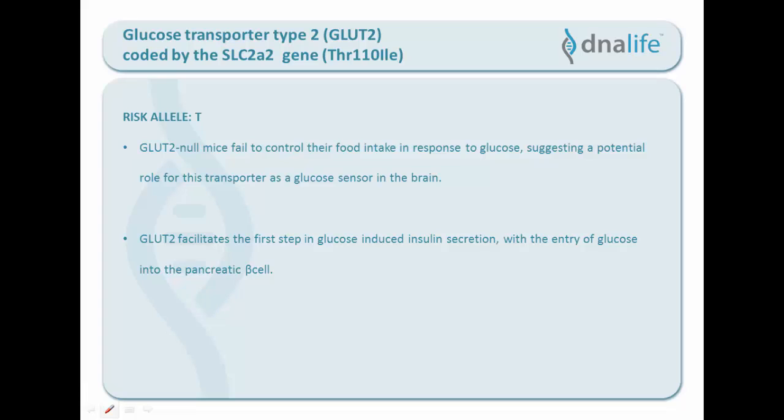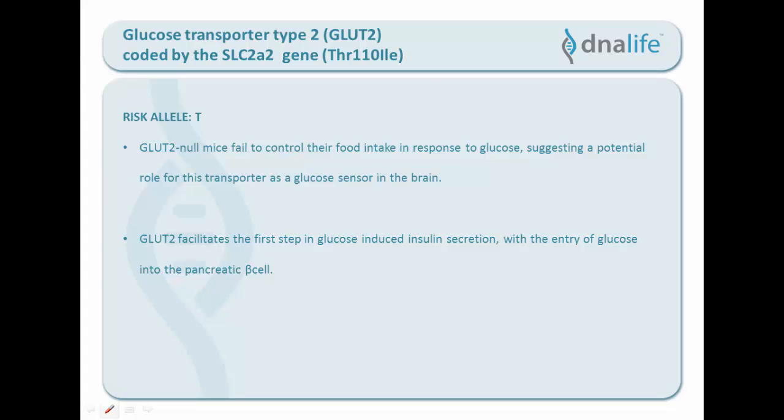So just a bit of background again here. GLUT2, coded by the SLC2A2 gene, is a member of the facilitated glucose transport protein family, or the GLUT family, and is expressed in the pancreas, the liver, the small intestine, kidney, and brain. And so again, just to point out that taste does not stop on the tongue.